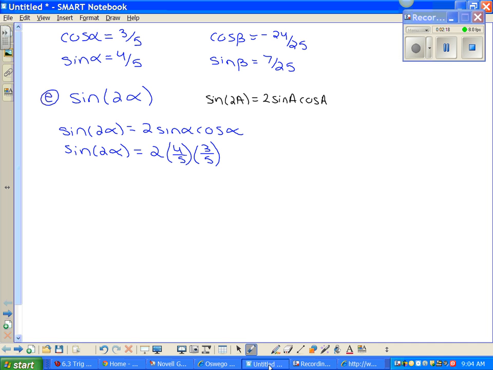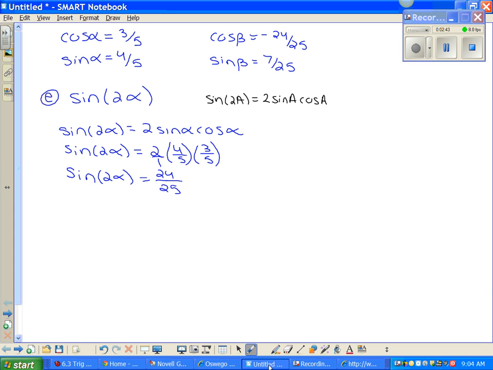Okay, so it's just substitution. All right, now what? You multiply. Good. Okay, remember 2 is the same thing as 2 over 1. So we get 2 times 4, which is 8, times 3, which is 24. 1 times 5, which is 5, times 5 is 25. So sine of 2 alpha is 24/25.